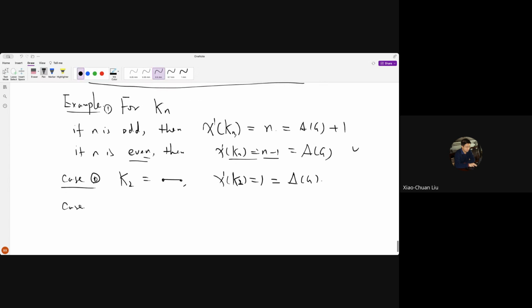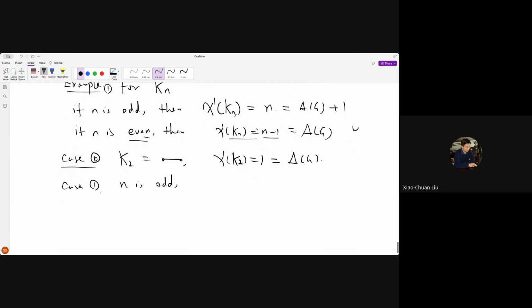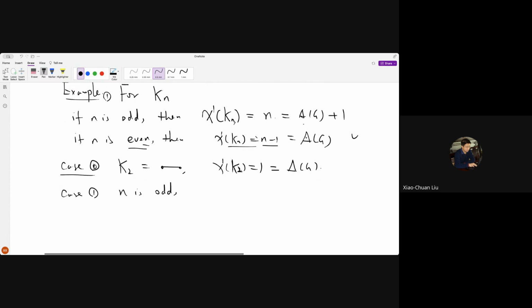So case 1 is odd. So we already know that if n is odd, we want to prove that the chromatic index of Kn is n.